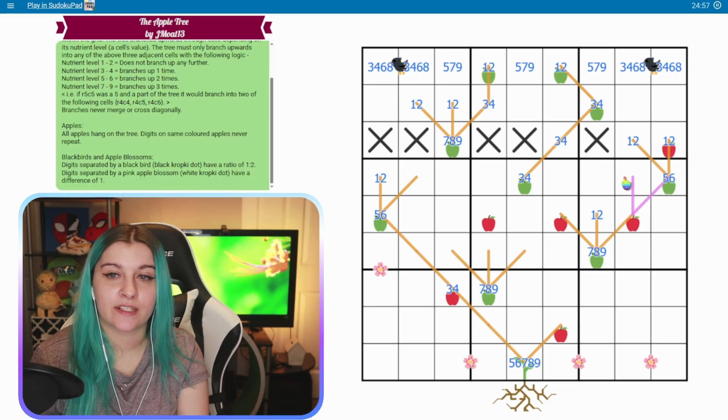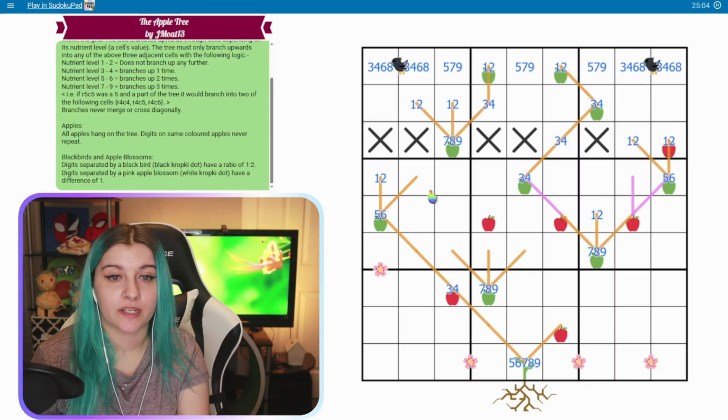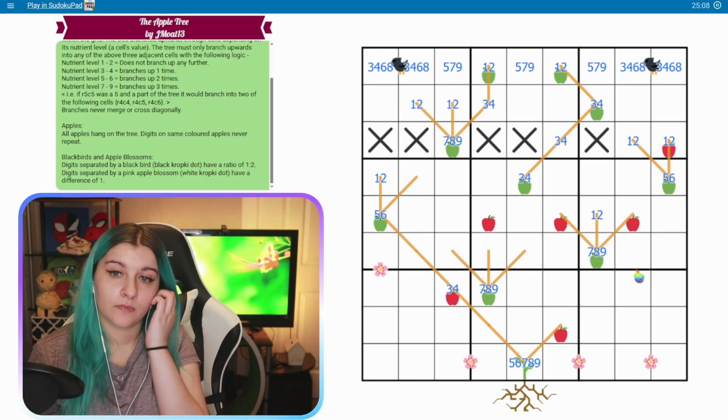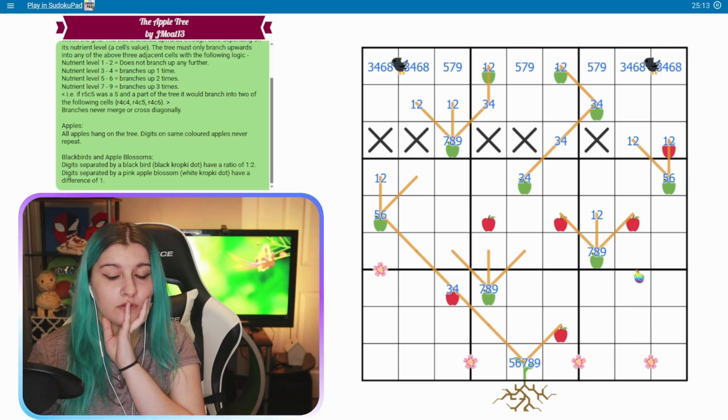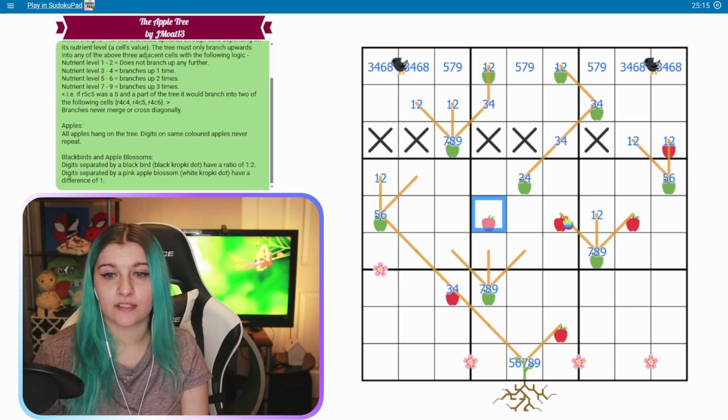If this goes up twice, then this is a 1, 2. This could go to here, and this could go up 0 times, and then I have a 3, 4 here. This is good.